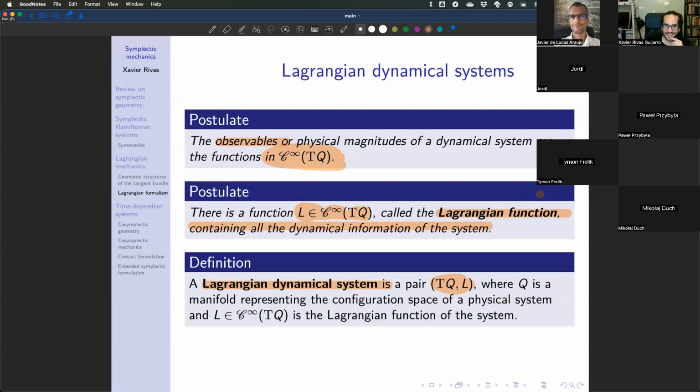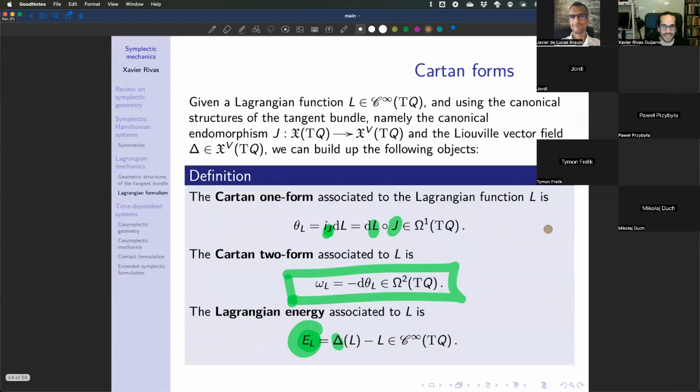Okay. So this is what I promised at the beginning of this lecture and at the end of the previous one. We are going to try to build a symplectic structure in a tangent bundle. How? With all the ingredients that we introduced.